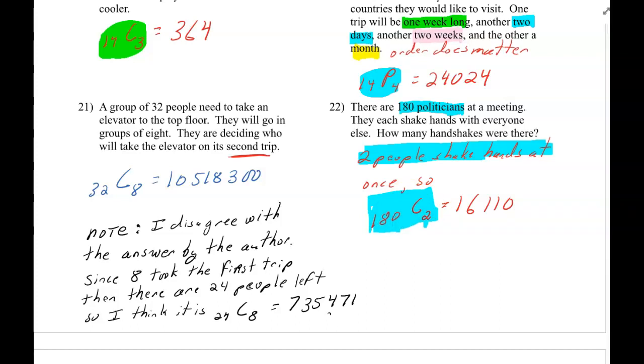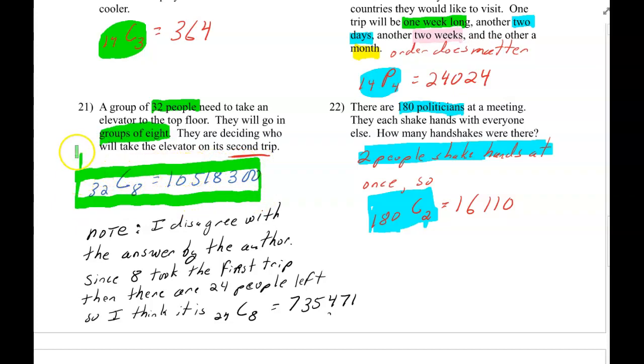For problem number 21, the author said there were 32 people and they will go in groups of 8. So the author said the answer was 32 choose 8. However, I disagree with this problem, and I put a little note here.